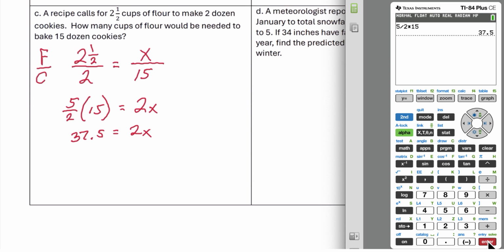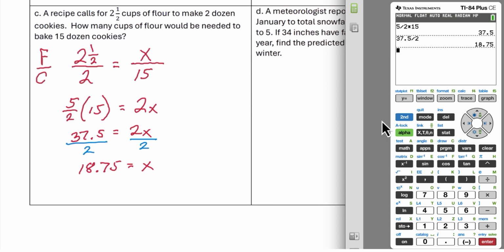Now we need to divide both sides by the coefficient on x, which is 2. 37.5 divided by 2 is 18.75. And that's our value for x, the unknown. Recognize the units in this case.